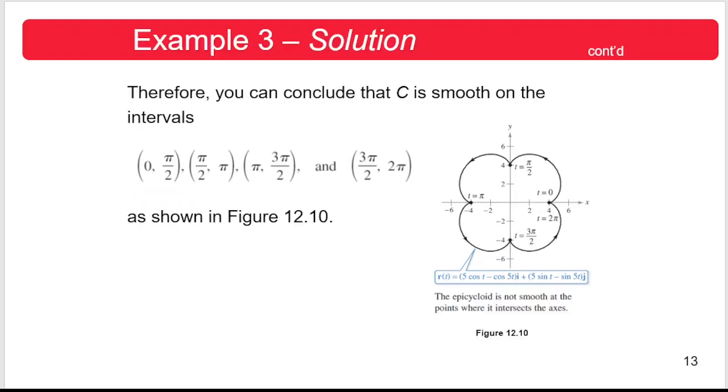Therefore, you can conclude that the curve C is smooth on the intervals from 0 to pi over 2, pi over 2 to pi, pi to 3 pi over 2, and 3 pi over 2 to 2 pi, as shown in this figure. So there is a cusp at t equal to 0, pi over 2, pi, 3 pi over 2, and 2 pi.